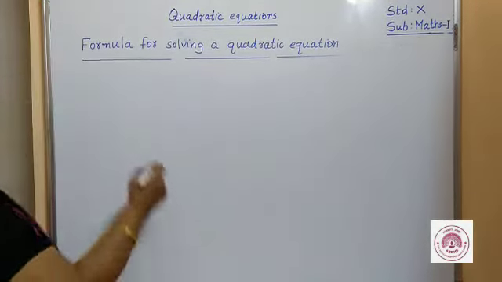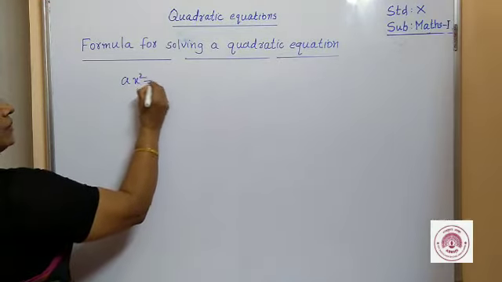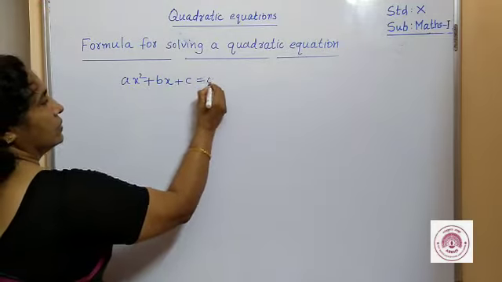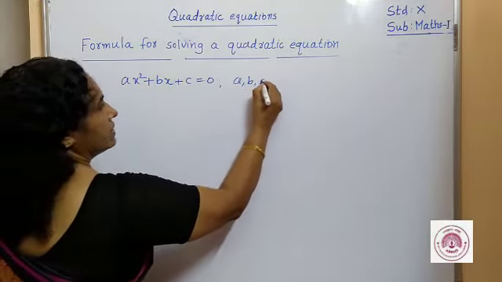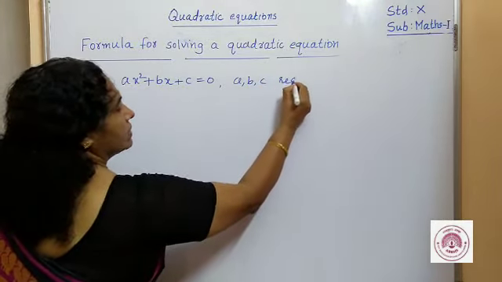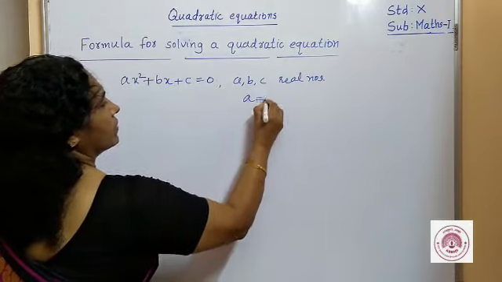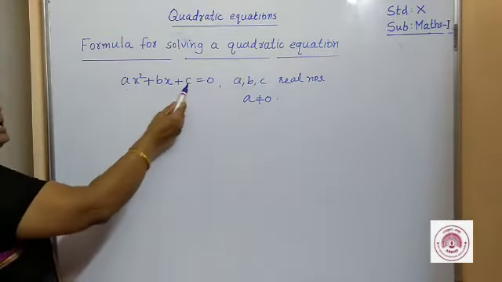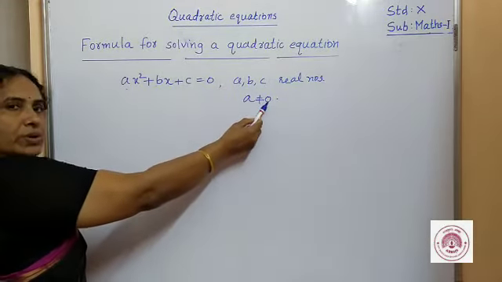The standard form of a quadratic equation is ax square plus bx plus c is equal to 0, where a, b and c are real numbers and a is not equal to 0. Here a, b and c are real numbers and a is not equal to 0.